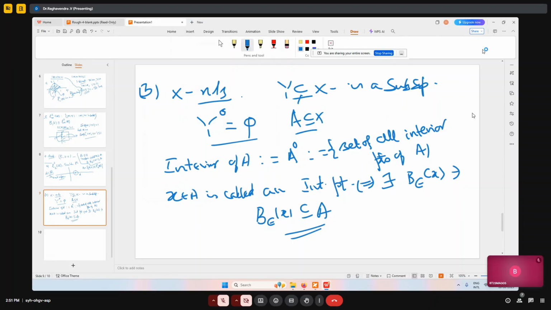Yes, sir. Now, what does Y interior equal to empty say? It says that if you have a subspace which is proper, then its interior is empty.